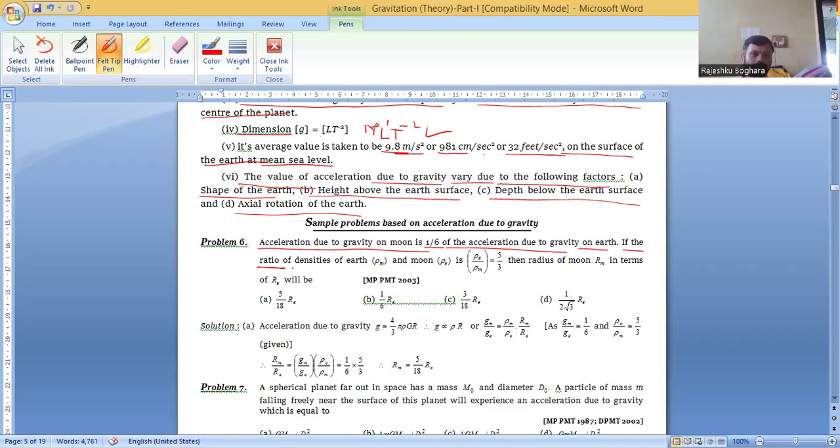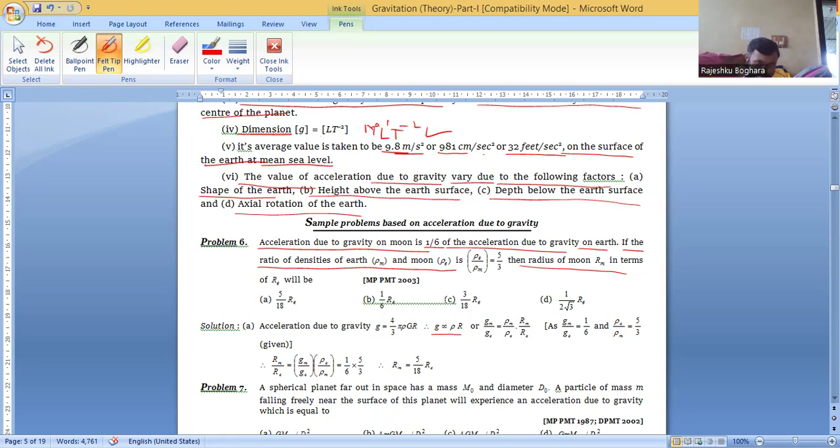If the ratio of density of Earth ρe and the moon ρm is ρe by ρm equal to 5 by 3, find the radius of the moon Rm in terms of R. So the formula is g equal to 4/3 π ρ G R, so g is proportional to ρ R. So gm by g is ρm by ρe into Rm by R. Then ρm by ρe is equal to 5 by 3, and gm by g is equal to 1/6.